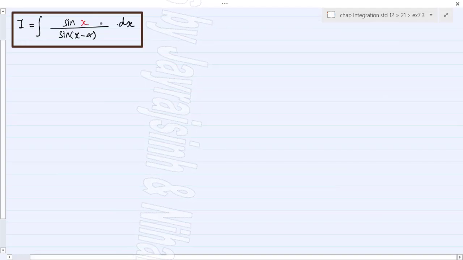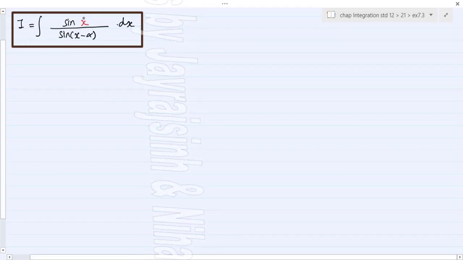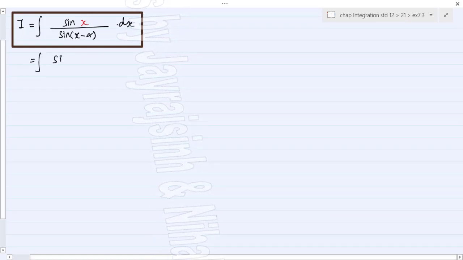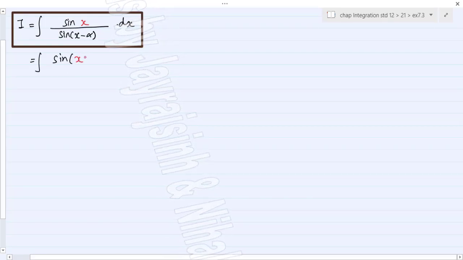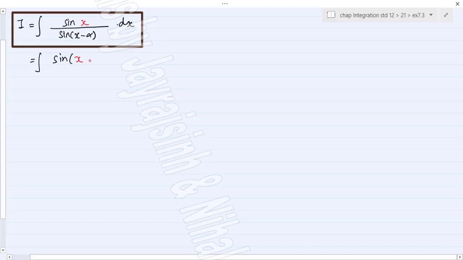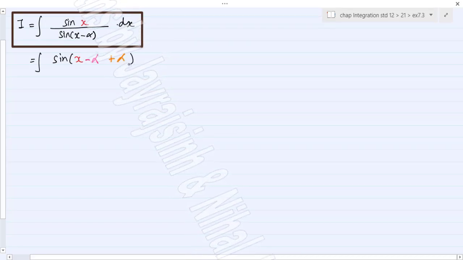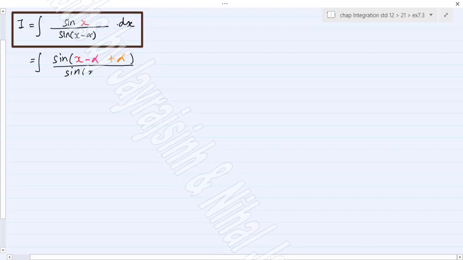Here we have to integrate sin x upon sin x minus alpha. We should get x minus alpha in the numerator, and for that, let's add and remove alpha in the numerator. So here we'll get sin x minus alpha plus alpha, and your denominator will be as it is.